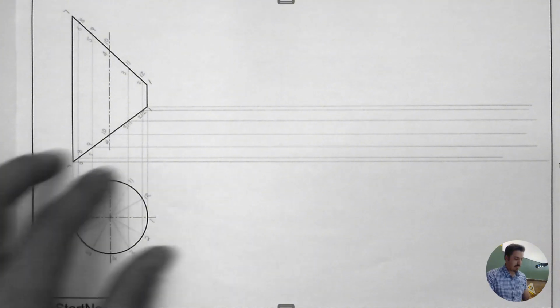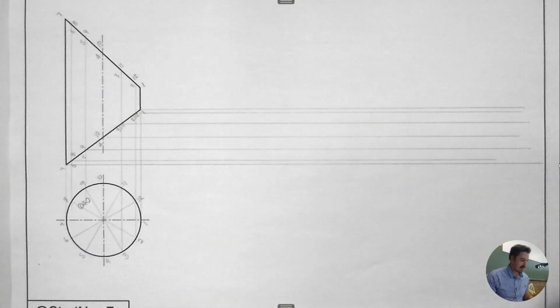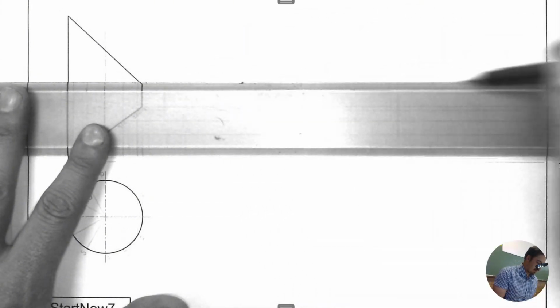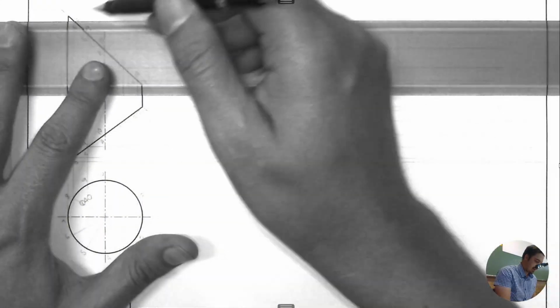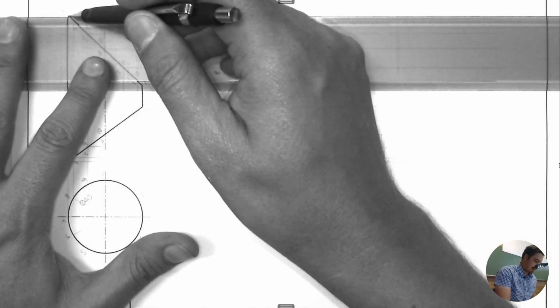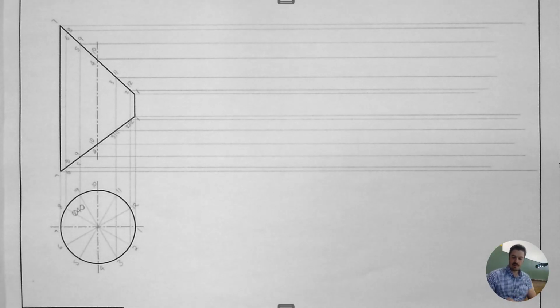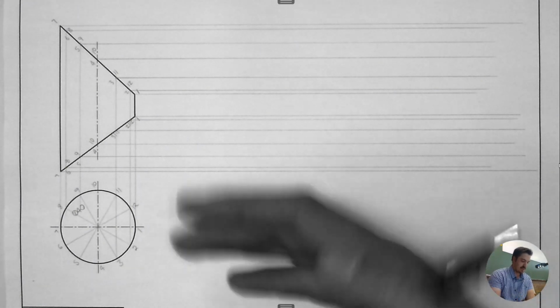And this is only for the bottom half, so you have to do exactly the same for the top: 1, 2 and 12, 3 and 11, 4 and 10, 5 and 9, 6 and 8, and 7. Quite a significant amount of lines that I have here. Alright, so this is going to be the construction. Now I can start with the development.